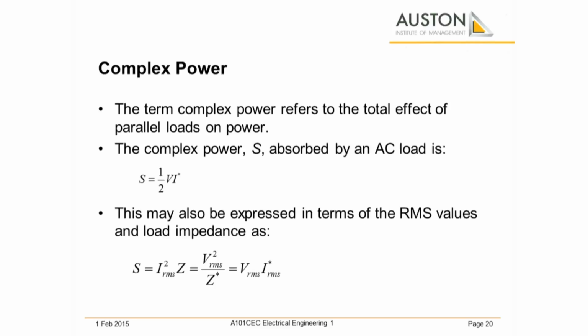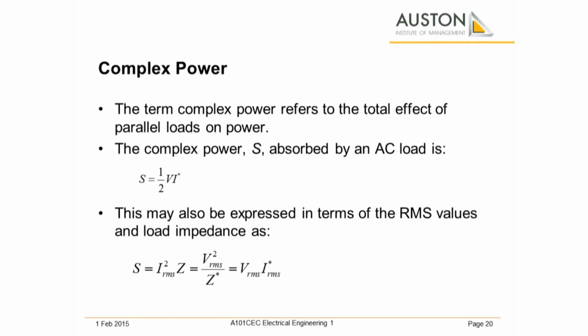The term complex power refers to the total effect of the loads on power. The complex power, represented by S, is the total power absorbed by an AC load and is expressed as 1/2 multiplied by the voltage multiplied by the conjugate of the current I, where the voltage and current are both expressed in complex form.